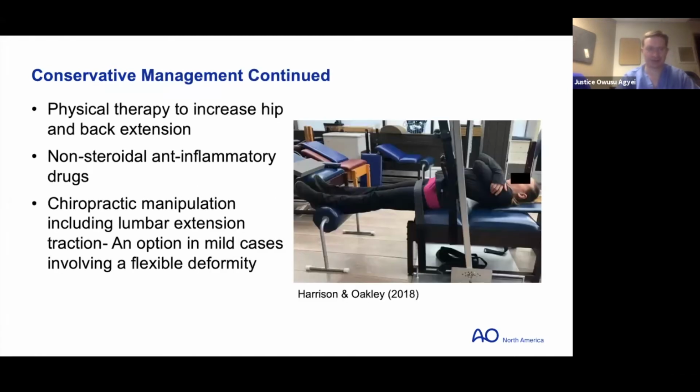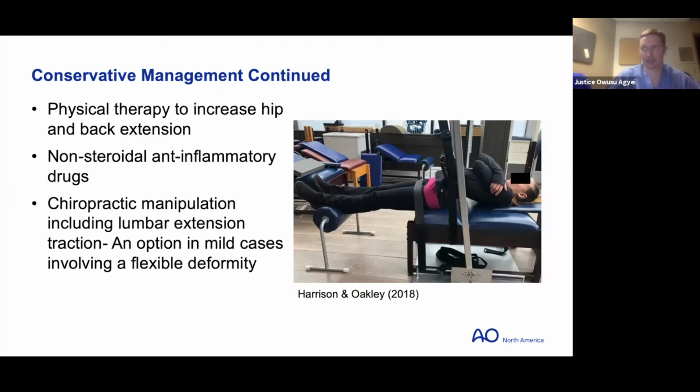So what other things can you do in terms of conservative management? Physical therapy, as always, can help increase hip and back extension. You can use NSAIDs for symptomatic management. Chiropractic manipulation can be helpful. There are devices that have been created, such as the one shown on the right here, which is a lumbar extension and traction device.